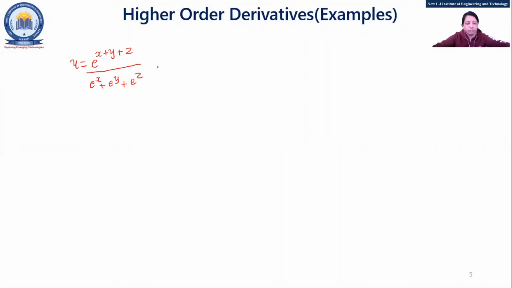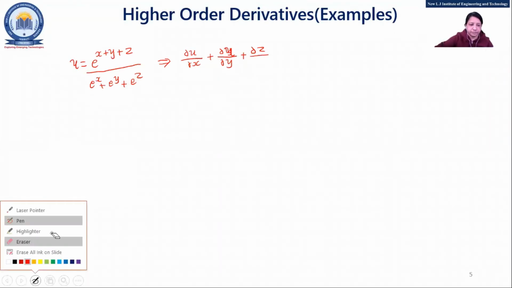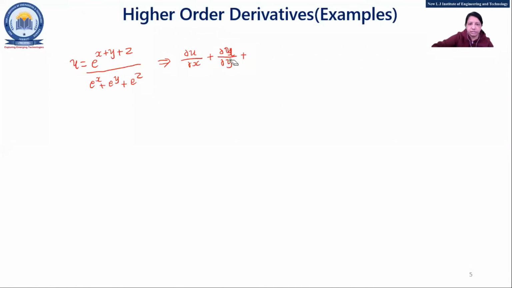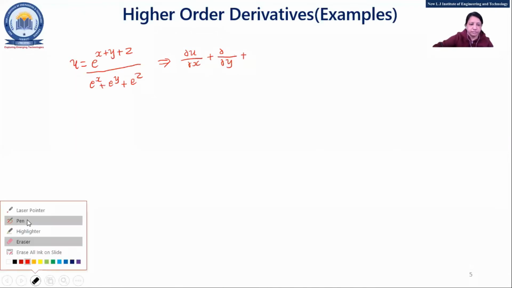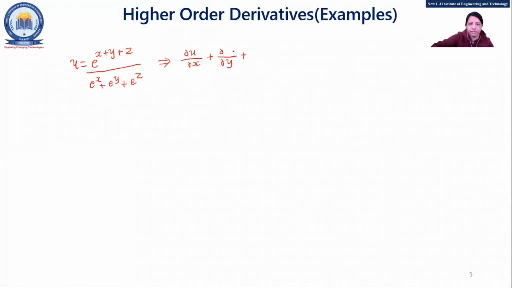And what you want to prove from this example is that del u by del x plus del u by del y plus del u by del z, you just find out.